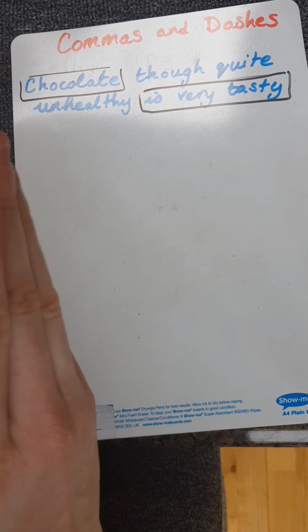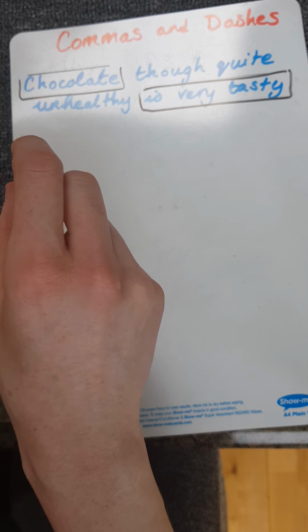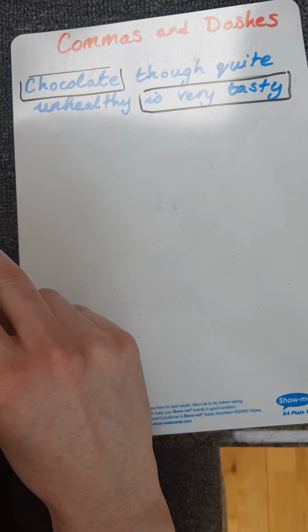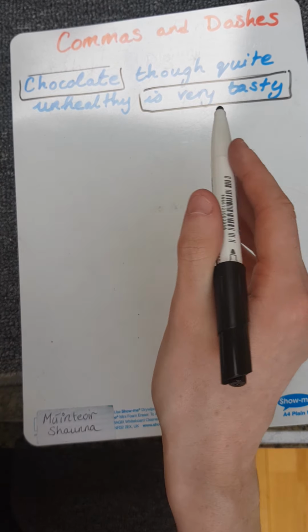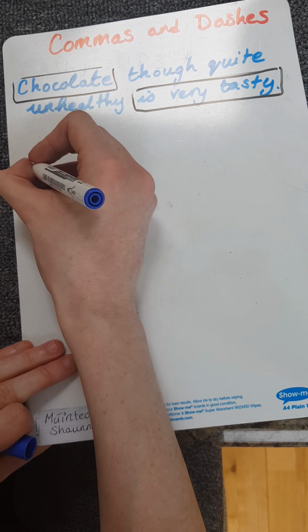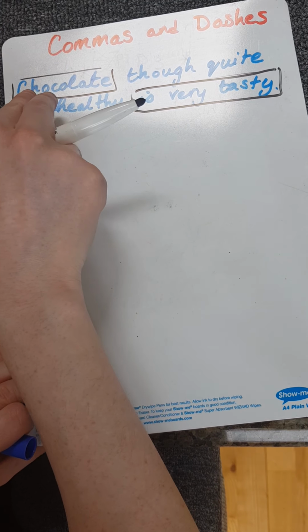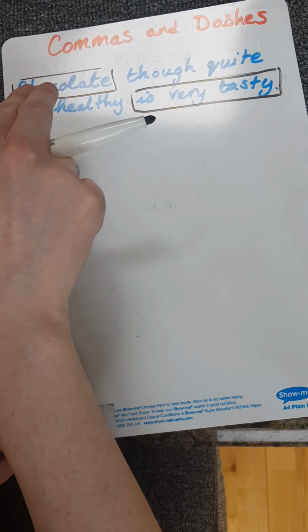But the sentence is incomplete because I have not put in the correct punctuation to be able to read that fluidly on a page. So we're going to write the sentence out again. Chocolate, without the boxes. We've used the boxes to find out what's the main piece of information about the topic, which is chocolate.